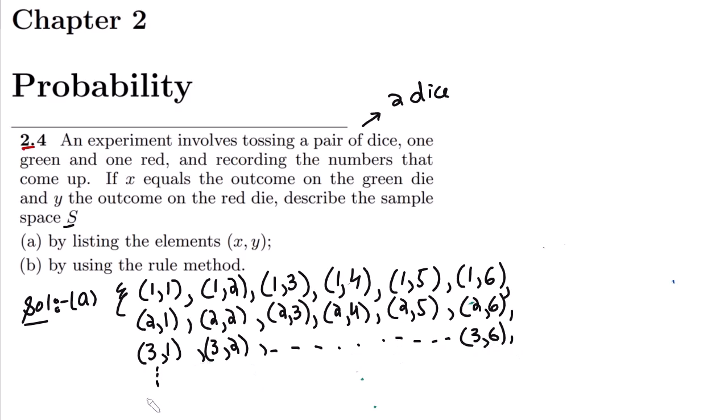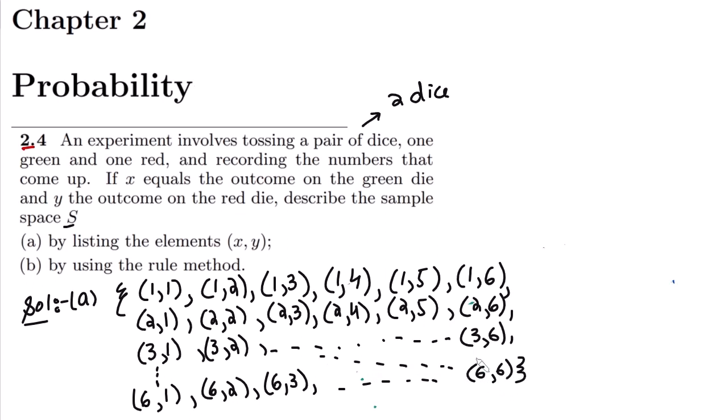Similarly it can go on, where X can have value 6: (6,1), (6,2), (6,3), all up to (6,6). So that would be the end of this. It is composed of all the elements of pairs from 1 to 6. So this is the listing the elements method.